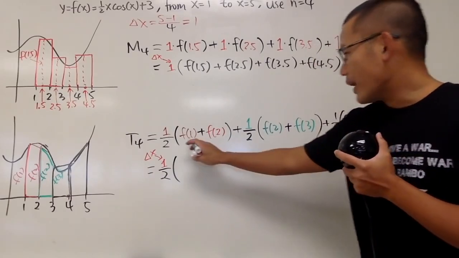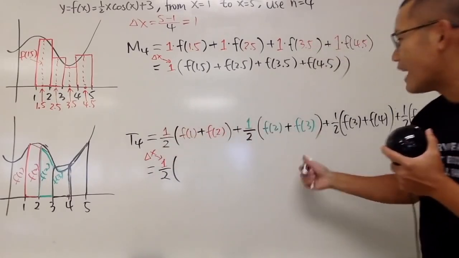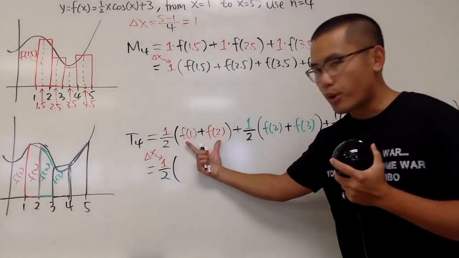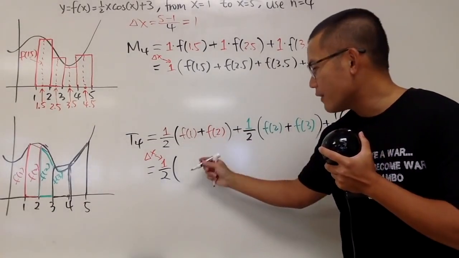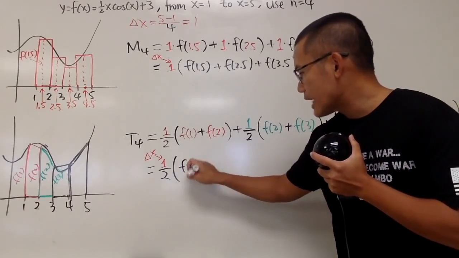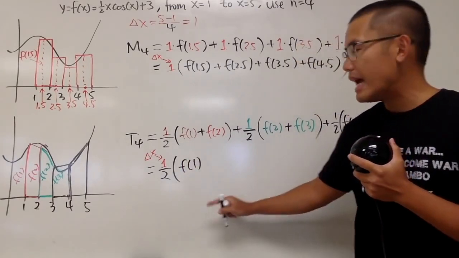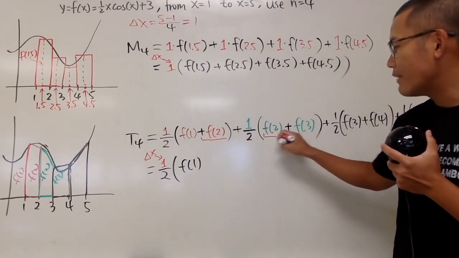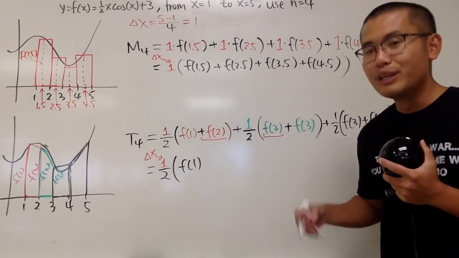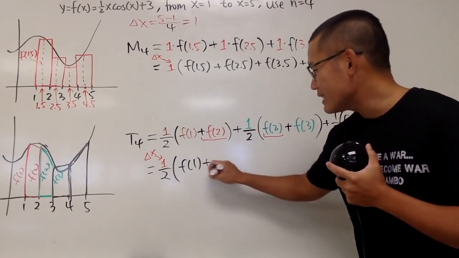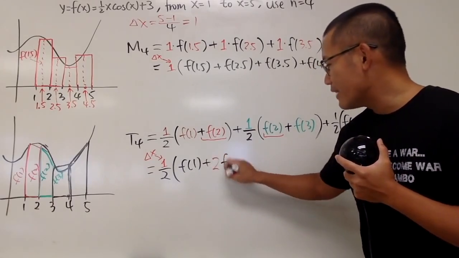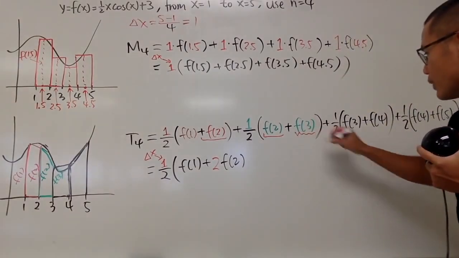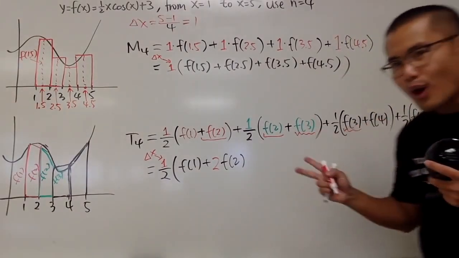And then right here, notice when we factor out the 1/2, of course, we'll have to just combine the like terms inside. For this parentheses, notice that we have f of 1, and this is just happening one time. And for the next one, notice that we have f of 2 right here, but we have to combine with another f of 2. So all in all, we have to add 2 of the f of 2. That's the idea. And as you can see, for the next one, we have f of 3 happening twice as well.